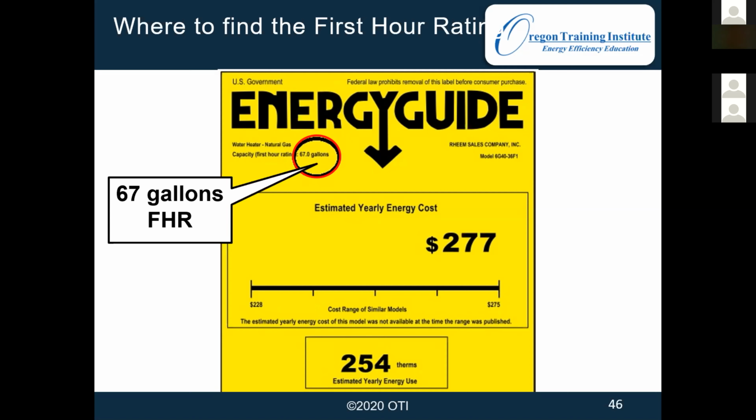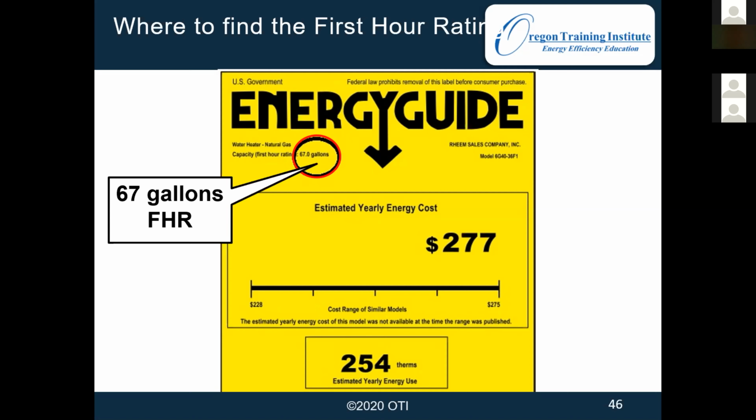And that's why heat pump water heaters will have a much larger capacity. So they'll usually be 60 to 80 gallons to be comparable to a 40 or 50 gallon conventional tanked water heater, because it's going to have a slower recovery.